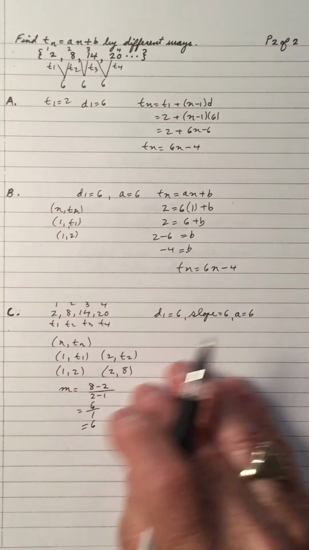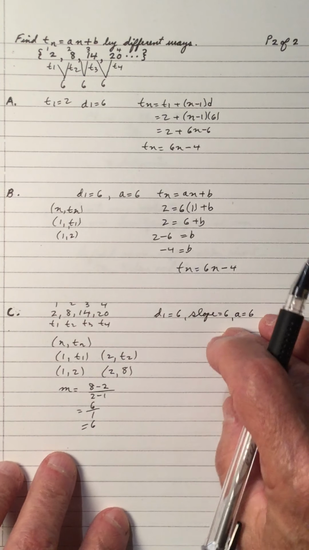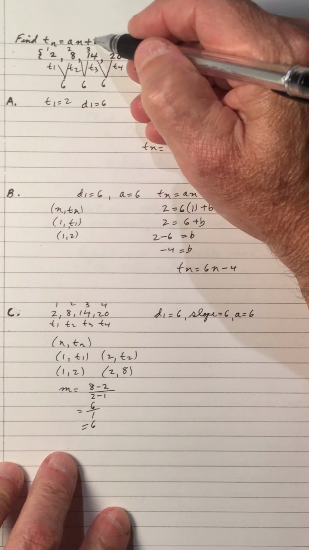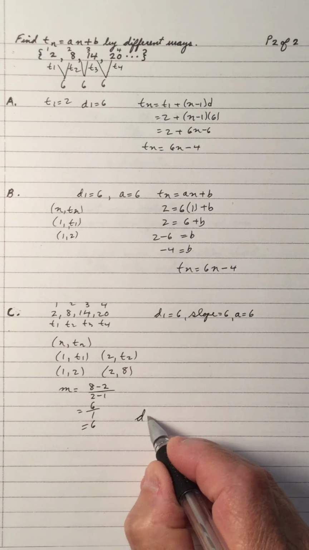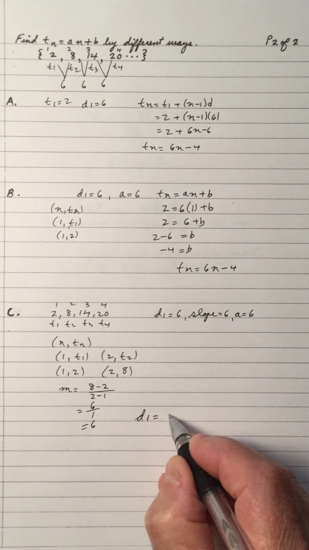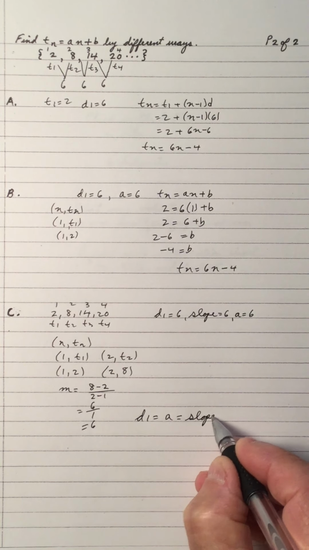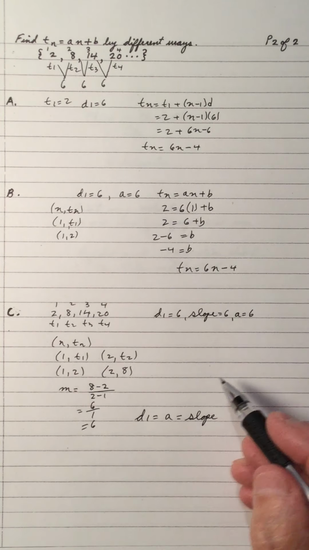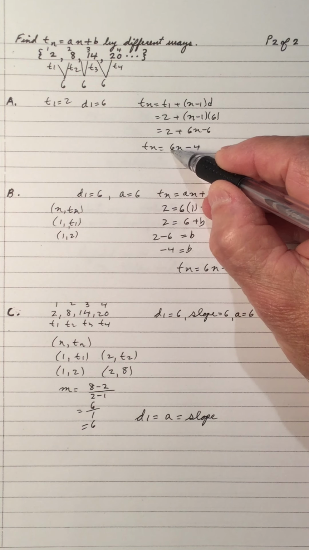So there are three different scenarios, more ways to find the equation Tn equals An plus B. And just to remind you, D1 is equal to A, which is the slope. Notice that the slope is 6. Notice the 6 is right here in the equation.